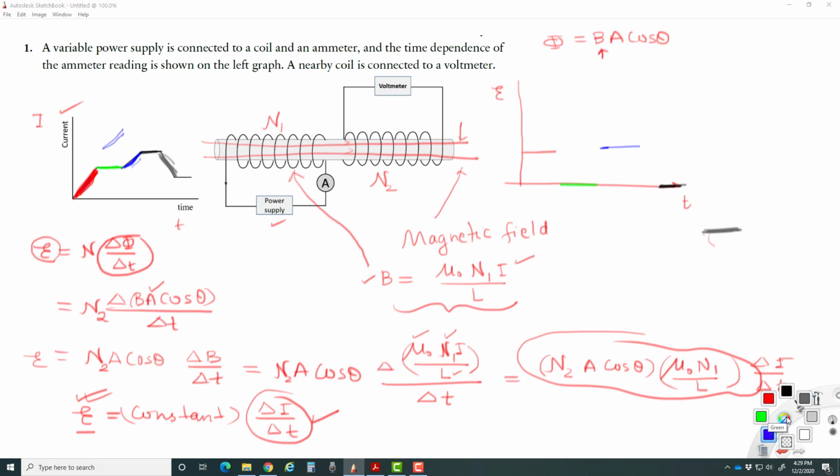So again, this one is flat. That means again we have 0 slope. So we can actually connect all these points by a dashed line. So that's the graph of the EMF produced in this coil.